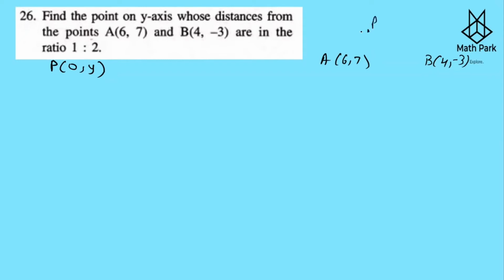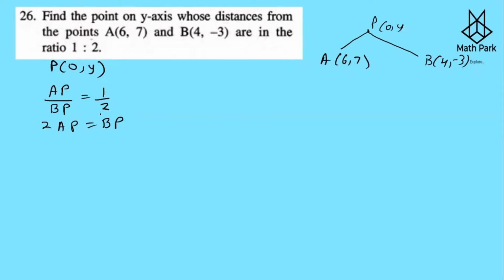So the coordinates of P are (0, y), which is on the y-axis. That is, you have AP upon BP is equal to 1/2, so that means twice AP is equal to BP. Getting it? The ratio 1:2.